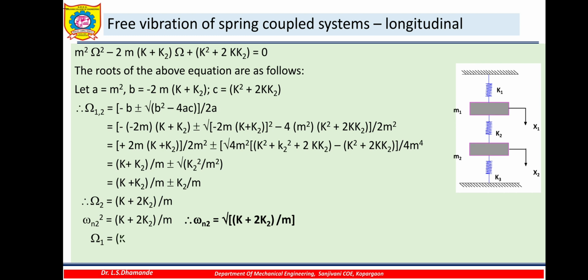For sigma 1, if I subtract, k plus k2 by m minus k2 by m, it will be k by m. It means omega n1 square is equal to k by m, so omega n1 is equal to under root of k by m. These are the two values, omega n1 and omega n2, the natural frequencies of this particular system.